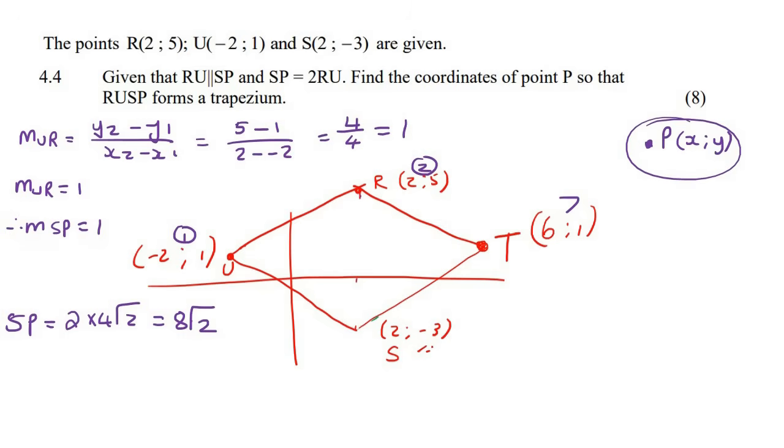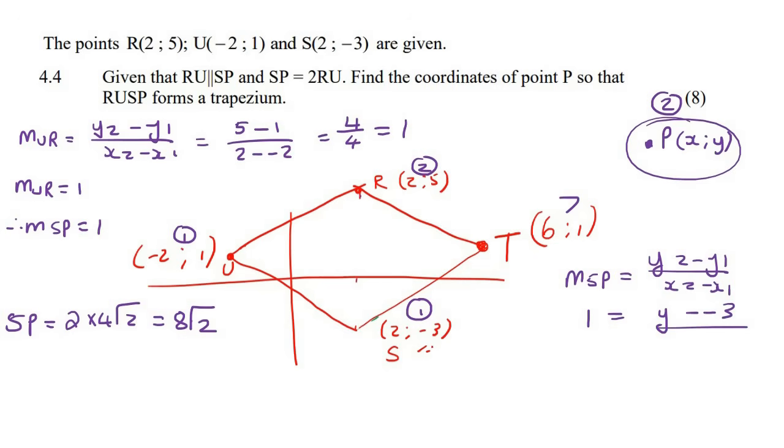Now we have two very important pieces of information for SP, and that's perfect, because now we can go work out the gradient. We can go look at the gradient of SP, but we already have the answer. We know that the gradient is 1. Then I'll use this as point 2 and I'll use this as point 1, and so you're just going to fill in y minus 3 and then x minus 2.